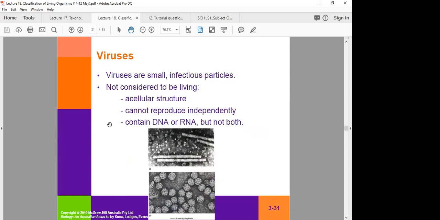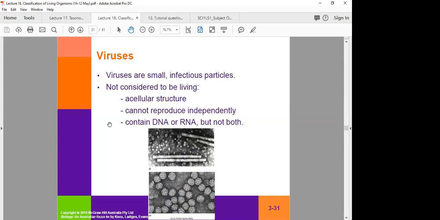And herein lies the problem. Viruses are not made of cells. So at the moment, they're not considered to be living organisms, but there is still a lot of debate about that. So obviously, cell theory, that's something that we came up with to try to describe what it means to be living. So are viruses living organisms or not?